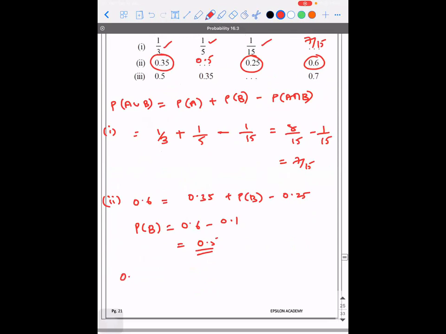Third one is 0.7 is equal to 0.5 plus 0.35 minus the intersection. How much is it? 0.5, sir. 0.15.